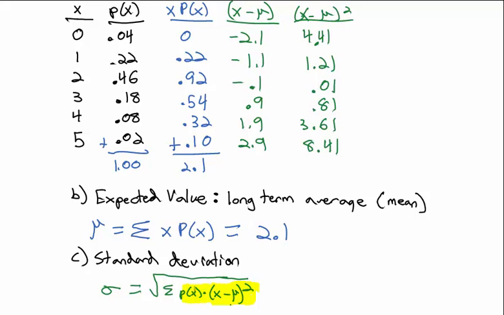Formula says the probability times that. So we're going to take the probability times x minus mu, squared.